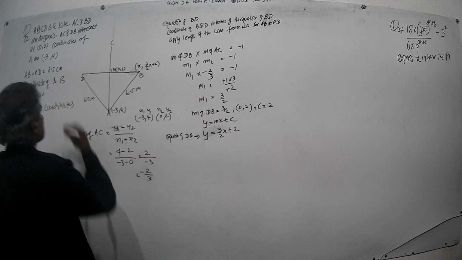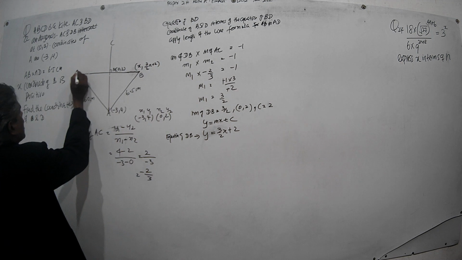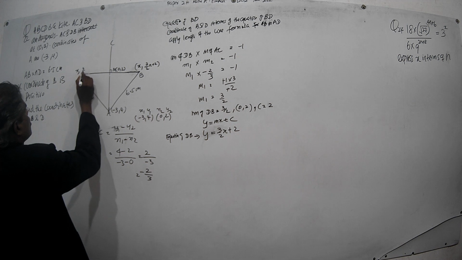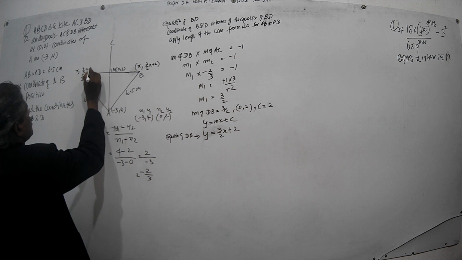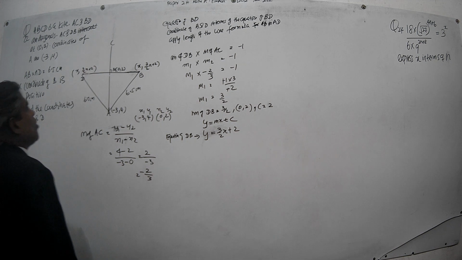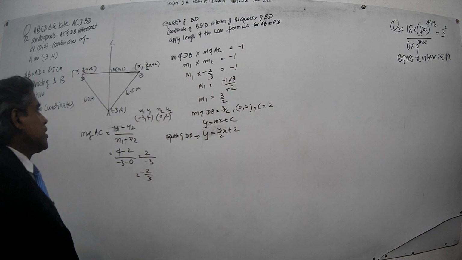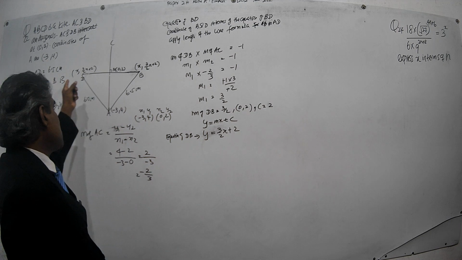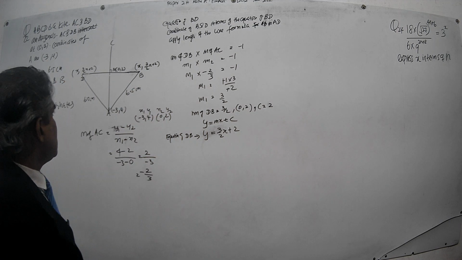Then here also, if the x coordinate is x, the y coordinate will be 3 over 2 x plus 2. So they are the coordinates of B and D, in terms of the equation of the graph passing through points D and B.